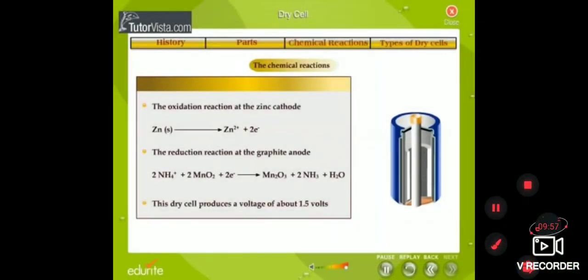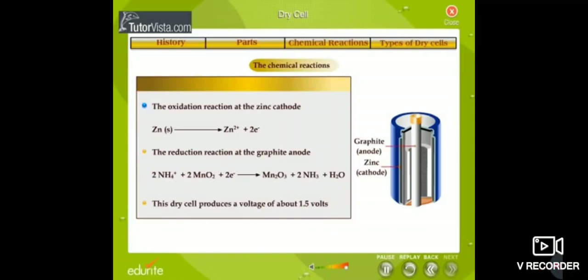The chemical reactions that take place inside the cell are quite complex. The simplified reactions are given here. At the zinc cathode, zinc metal is oxidized to positively charged zinc ions, releasing 2 electrons. These electrons are collected by the graphite anode. The reduction reaction at the graphite anode is represented here. This flow of electrons produces electric current.